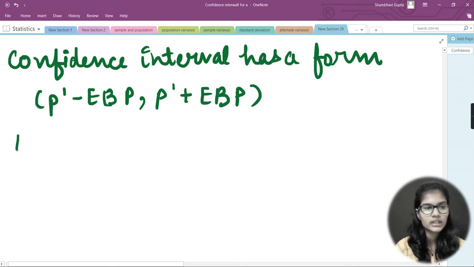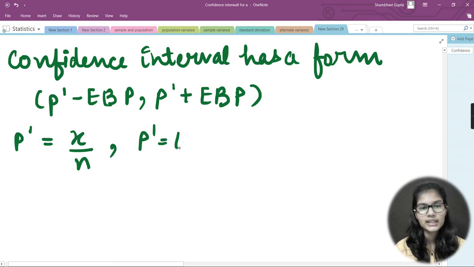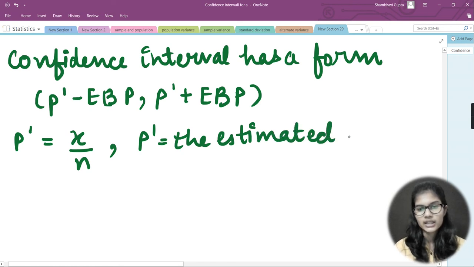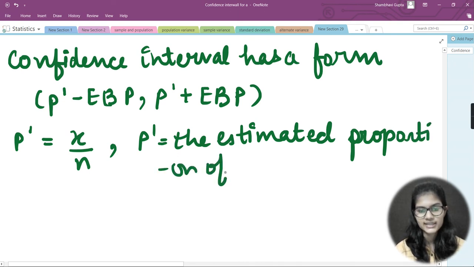Now from here you know what P dash is. P dash is basically x by n, the estimated proportion of successes.